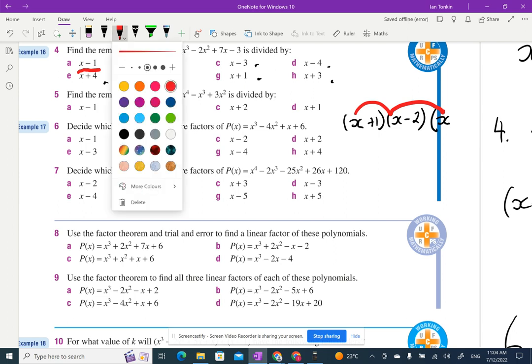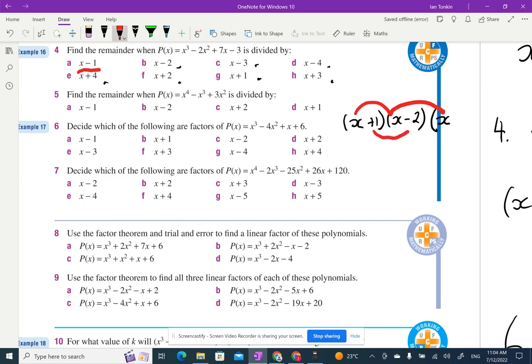And think about this. This times this must equal this number here. So can you think what that last number needs to be? I've already got positive 1 times negative 2. What does this need to be? Hopefully, you're going, that has to be negative 3.